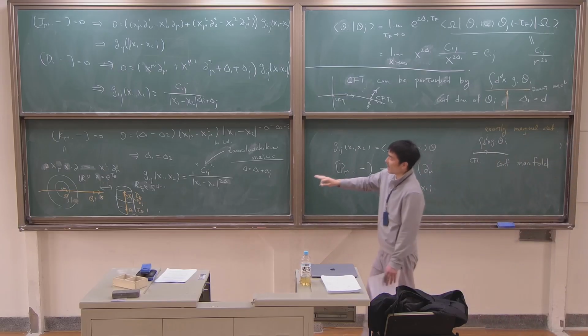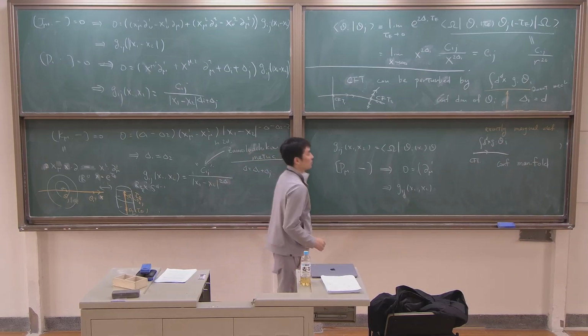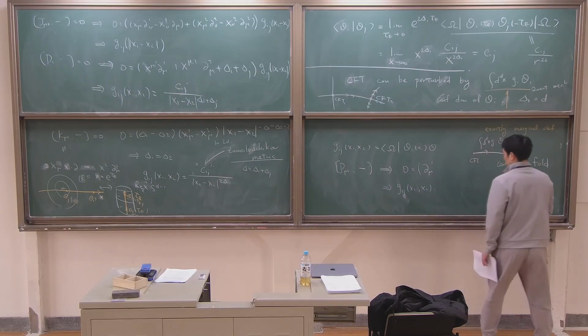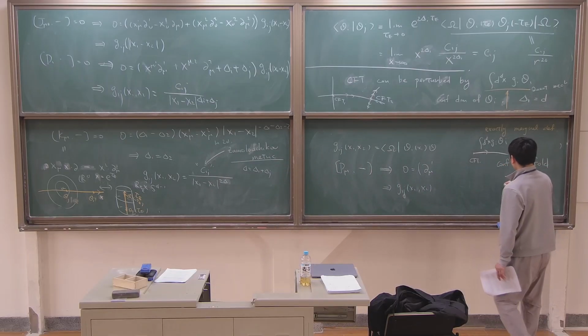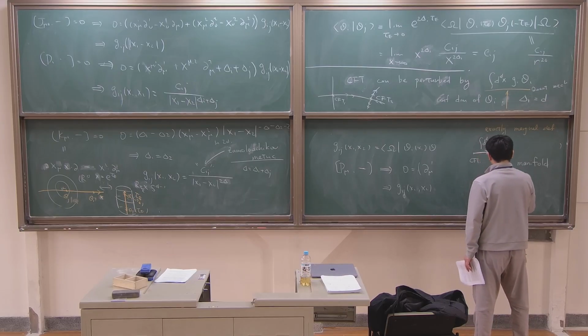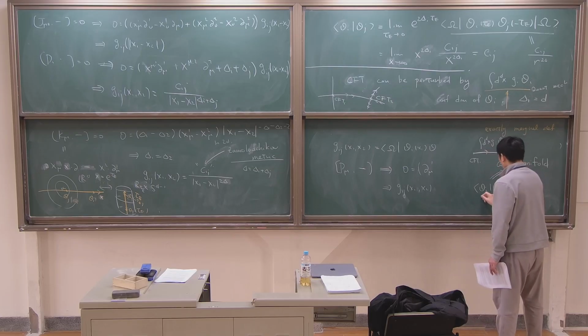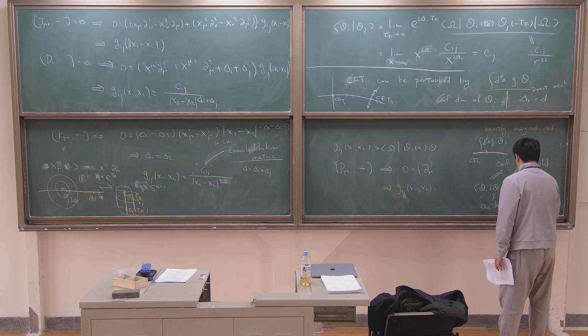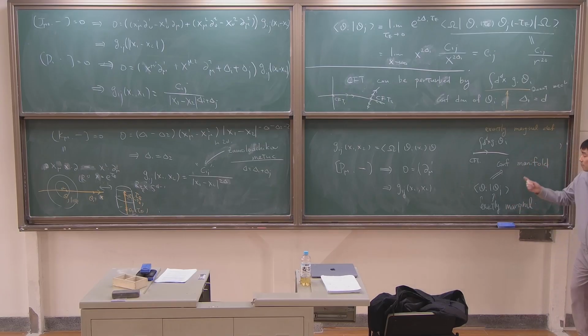And this C_ij coming from the exactly marginal operators O_i, O_j will give you the metric. The exactly marginal operators give a metric on this conformal manifold. That's why this metric is important.